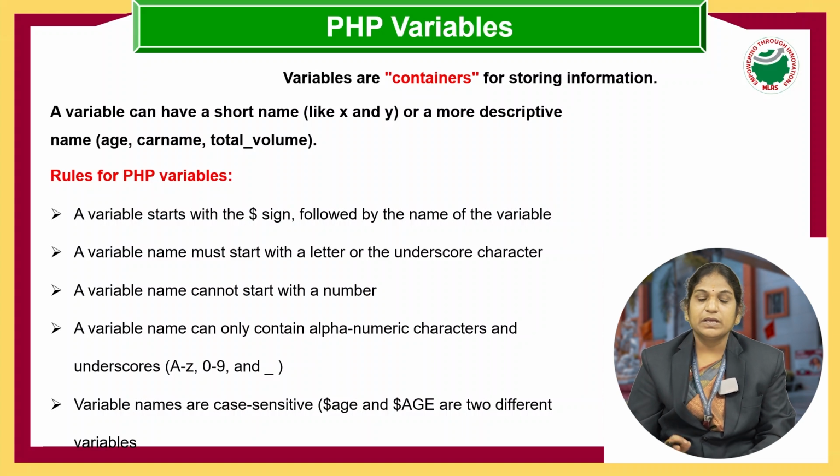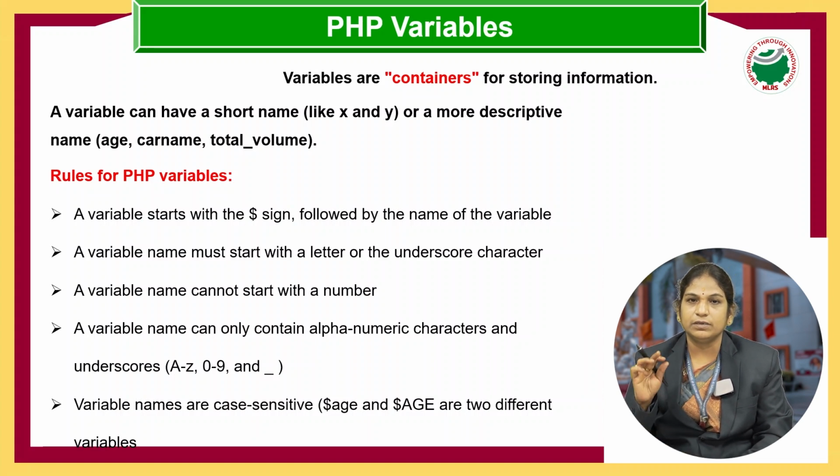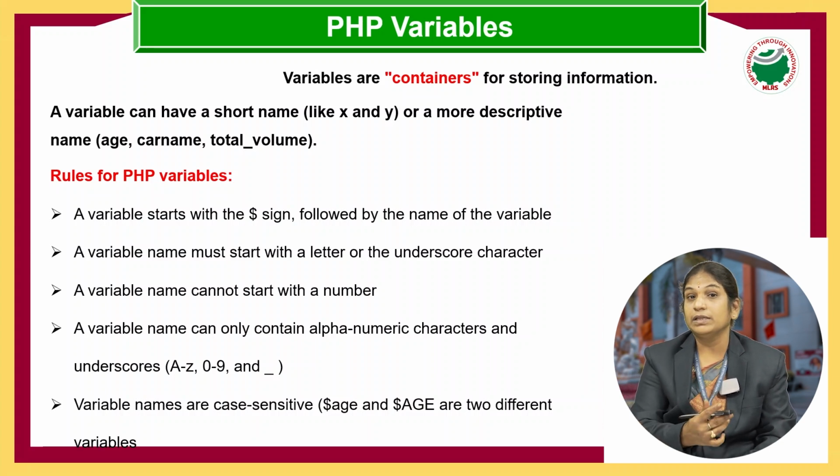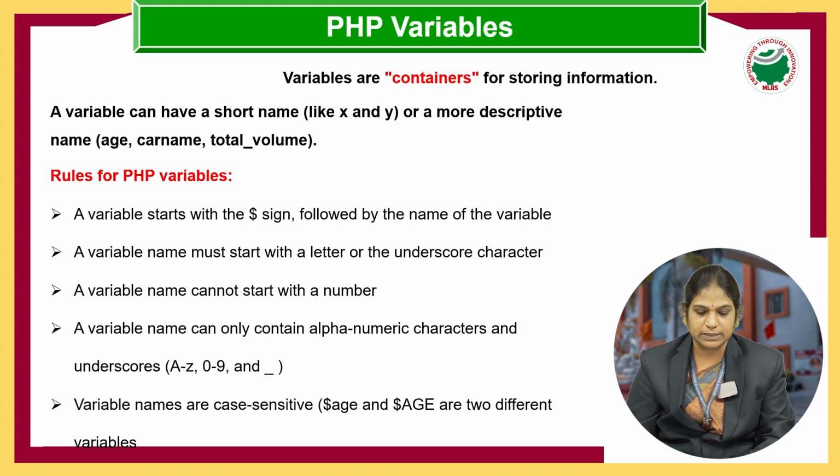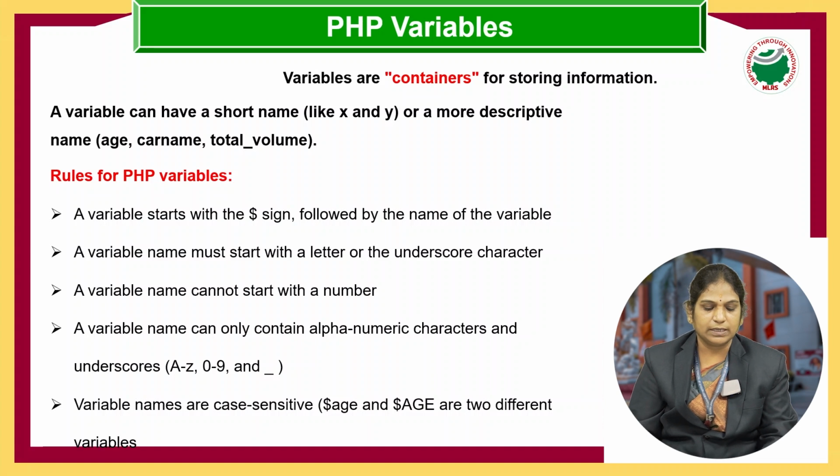A variable name must start with the dollar sign. In the previous example I used $color. Color is the name of the variable, and the dollar prefixed to the color identifies it as a variable. So before the name it should be prefixed with the dollar sign. And a name must start either with a letter or with an underscore.